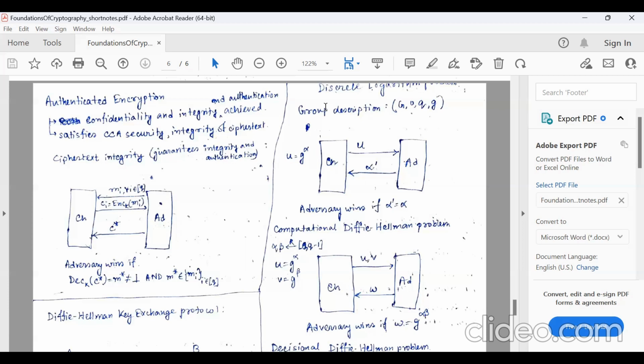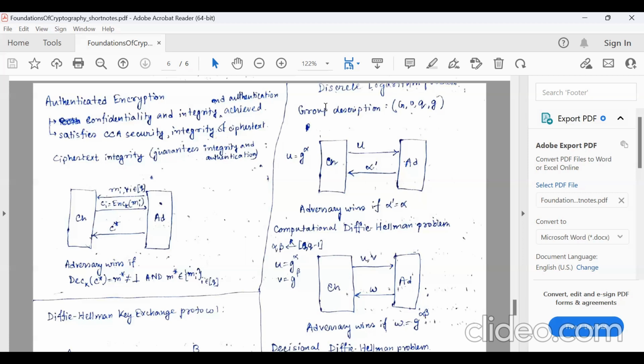This group should be a cyclic group, and by cyclic group we mean that there has to be one or more generators, such that if you apply the group operation on this generator element multiple times, you are able to get all the group elements one after another.